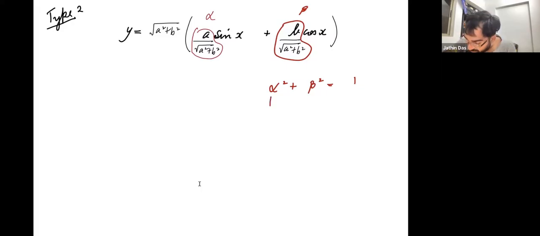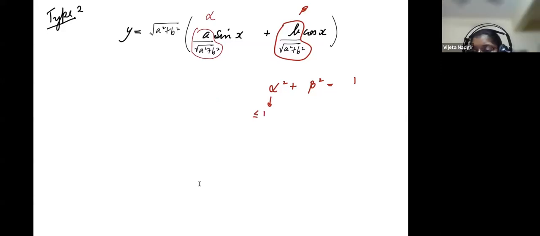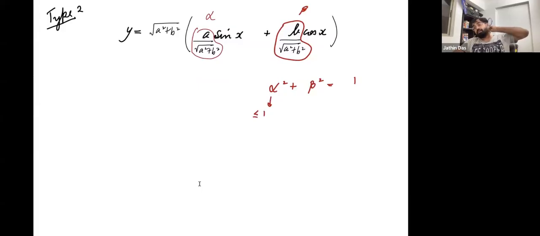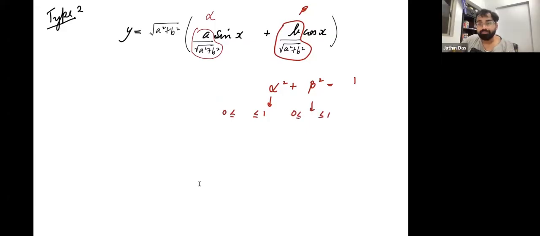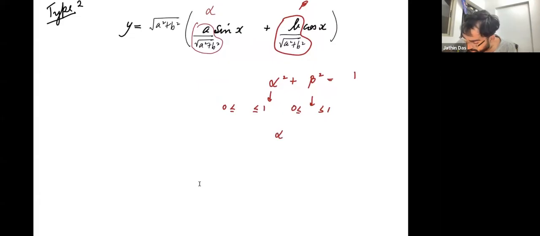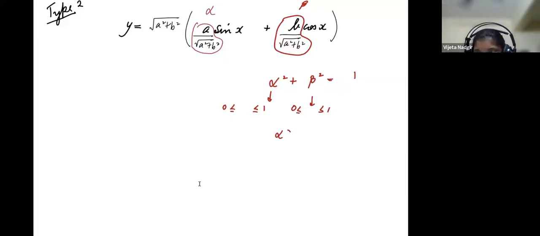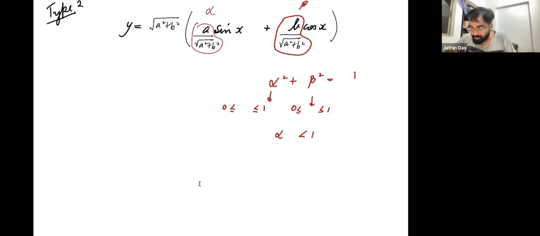Now you tell me sum of two squares is 1. Okay. So alpha का जो range है, can I say it's always less than 1? Because two positive quantities, if the sum is 1, then the range of a and b should be between 0 and 1. Correct? Okay. I'm not going to write alpha square is greater than equal to 0. ये तो मुझे पता ही है, square है. So I'll write alpha square is less than equal to 1.